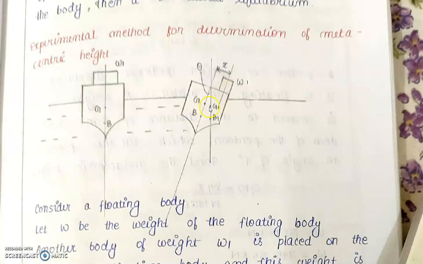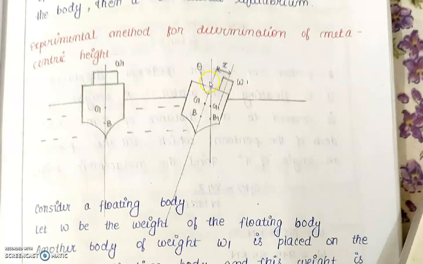So what happens? Due to the uneven distribution of the weight, this body will tilt. Let x be the distance from the axis to the center of the weight W1. Since it will tilt, this theta angle can be found with the help of a protractor and a plumb line.